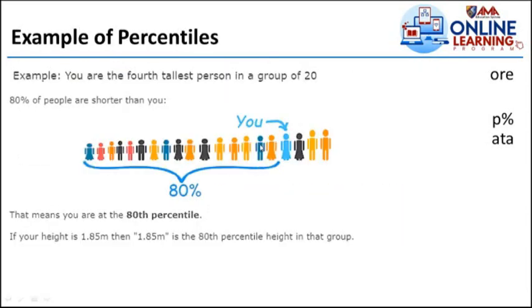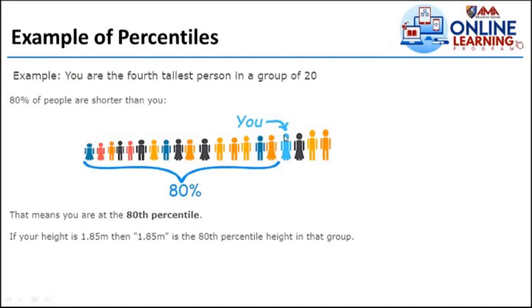So how are we going to have that one? Example. You're the fourth tallest person in a group of 20, which means 80% of people are shorter than you. Kasi yung 20%, yan yung mga tallest part. Pero yung 80%, mas malilit sila. So that means you are at the 80th percentile.